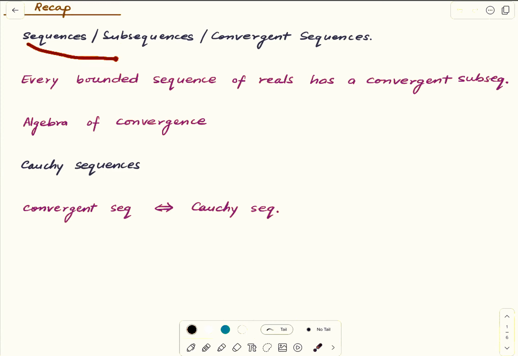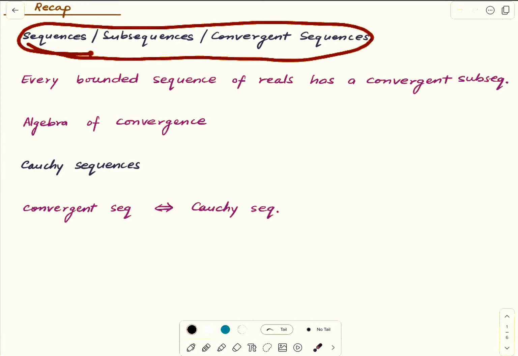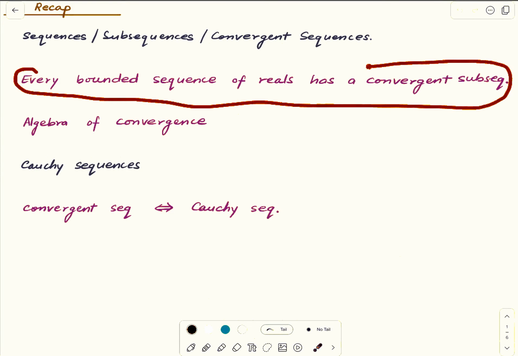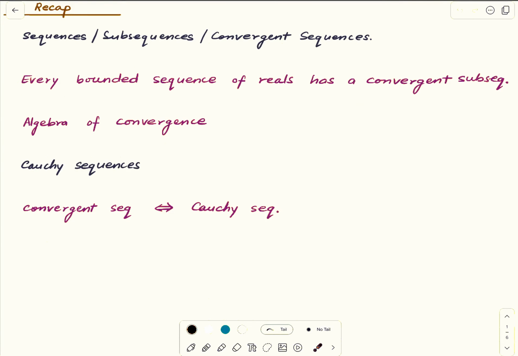So we will need to, of course, know about convergent sequences and this fact, which is called the Bolzano-Weierstrass property, that every bounded sequence of reals has a convergent subsequence.